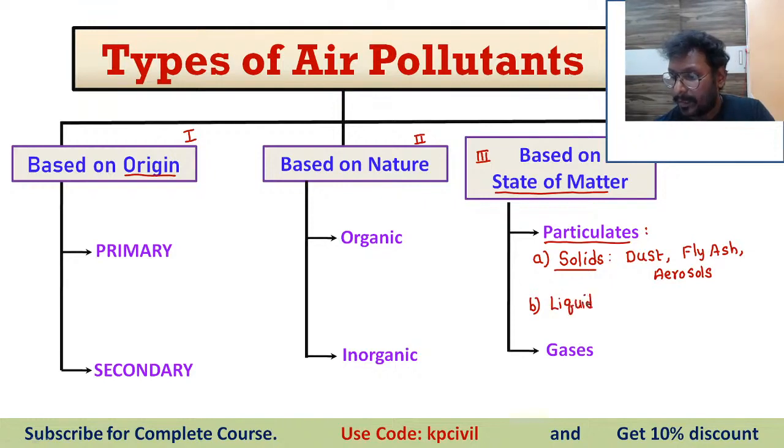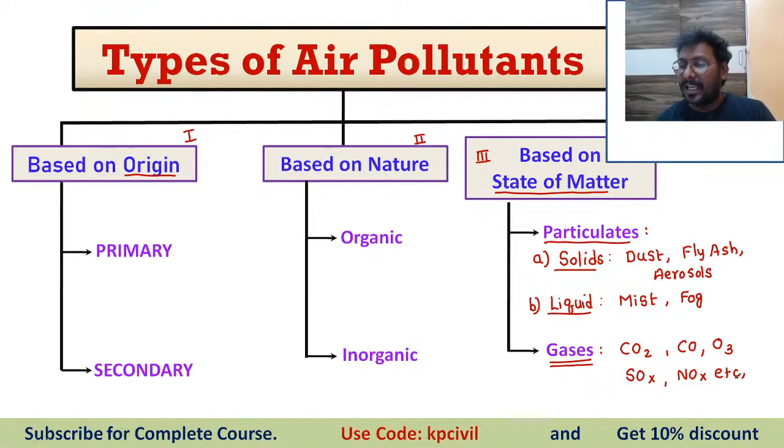Liquid: liquid is mist. Even we'll take fog as a liquid air pollutant. Then the third category, separately given: gases. We can write down carbon dioxide, carbon monoxide, ozone, sulfur oxides, nitrogen oxides. We have a big list related to gases.